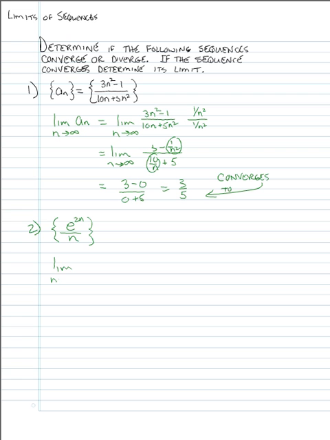The limit as n approaches infinity of the terms e to the power 2n over n. Now, in this case, the limit of e to the 2n as n goes to infinity is itself infinity, isn't it? And the limit of n as n goes to infinity, that's the limit of the denominator as n goes to infinity, is also infinity. And this is an indeterminate form, isn't it? Okay, this is an indeterminate form.